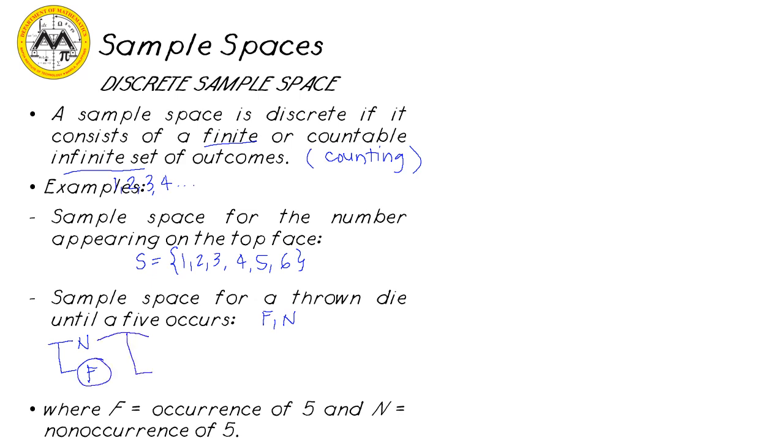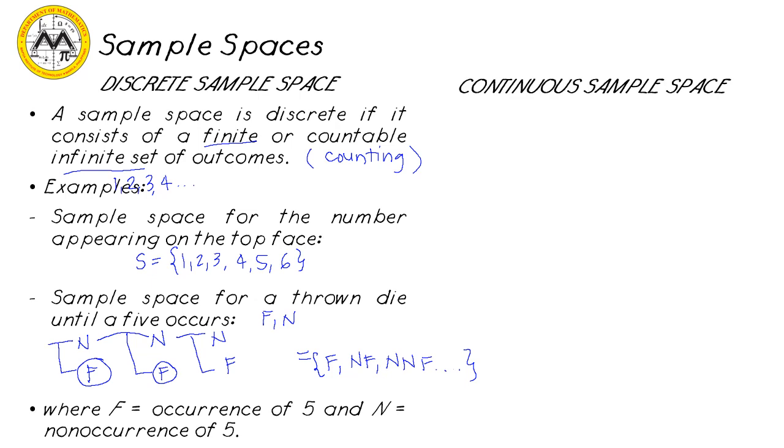While if it is not terminated, we toss the die again, so we have N or F. So if the outcome is a 5, we end the experiment. Otherwise, we toss it again. So the list of possible outcomes are a 5, a non-5 followed by a 5, two non-5s followed by a 5, and so on and so forth. This is an infinite countable set of outcomes.